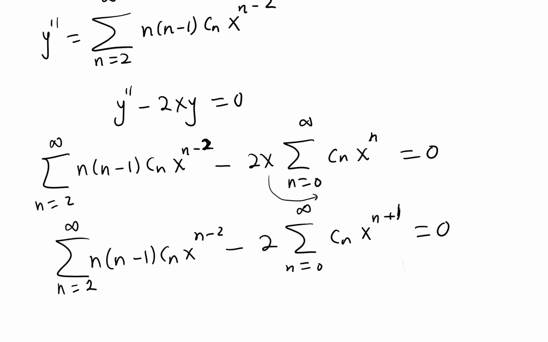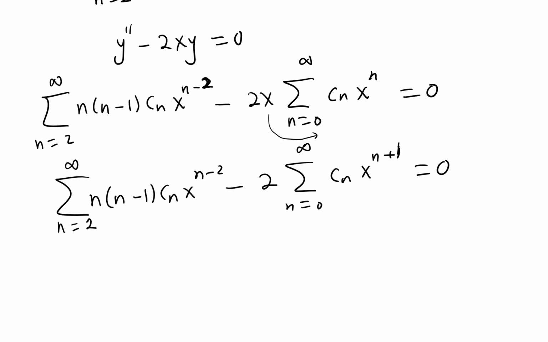What do we have to do? As we did in the previous section, there are two things we need to match. What are they? We substitute with k's. Yes, we need to make sure the exponents for the x's are the same. So we assume k equals n minus 2 here, and k equals n plus 1 here.